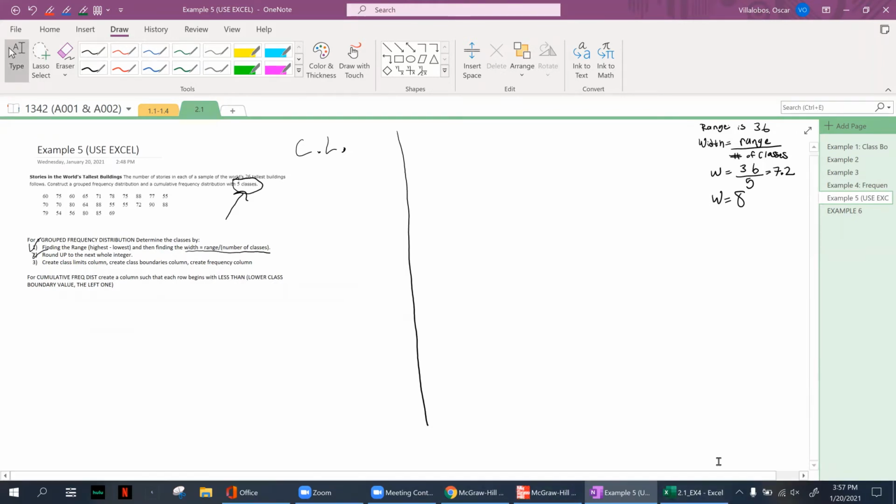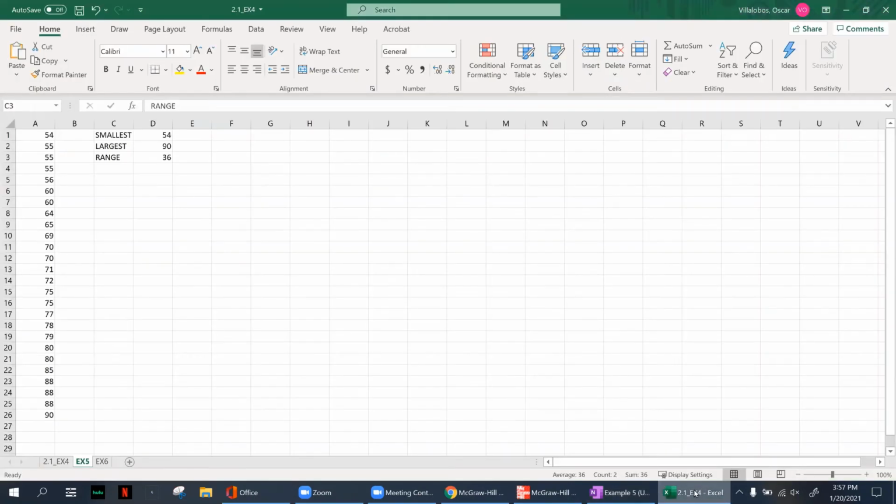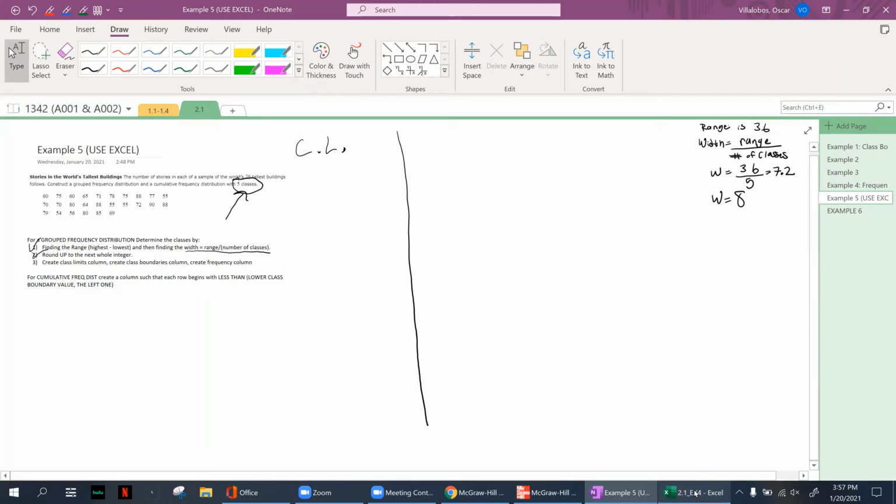With the lowest value that we found, we go to Excel, and that was a 54. What I then need you to do is add the width, right? So if you do 54 plus 8, that should be 62.